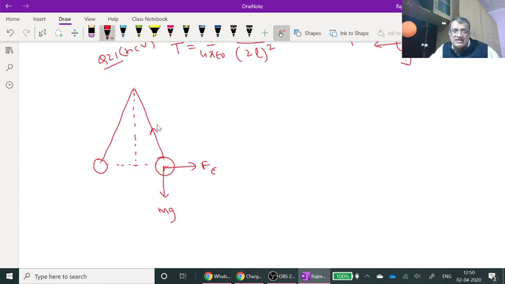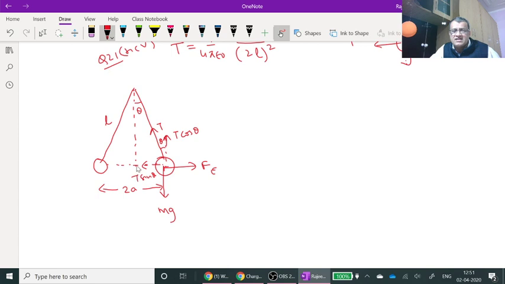So let's say this is the tension T, and if this angle is theta, then this angle is also theta. This side you get T cos theta, this side you get T sin theta, and if the length of the string is L, let's say the separation between the two is 2a.